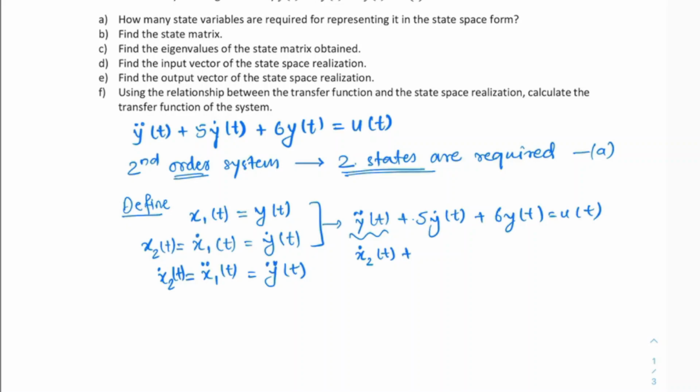Now we will substitute y dot of t to be x2 of t, plus 6 times y of t, and y of t was x1 of t, is equal to u of t.